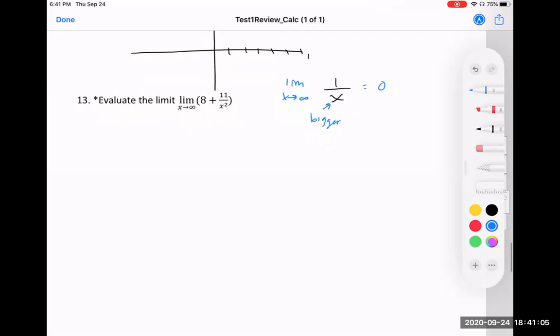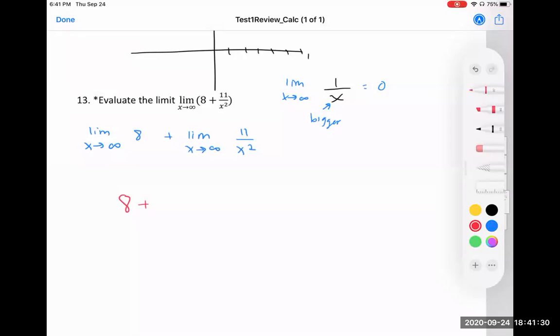All right, so let's take the limit of this one. I have the limit as x is approaching infinity of 8, and the limit as x is approaching infinity of 11 over x squared. We have a constant for that first one, and a constant is a constant, so that stays at 8.